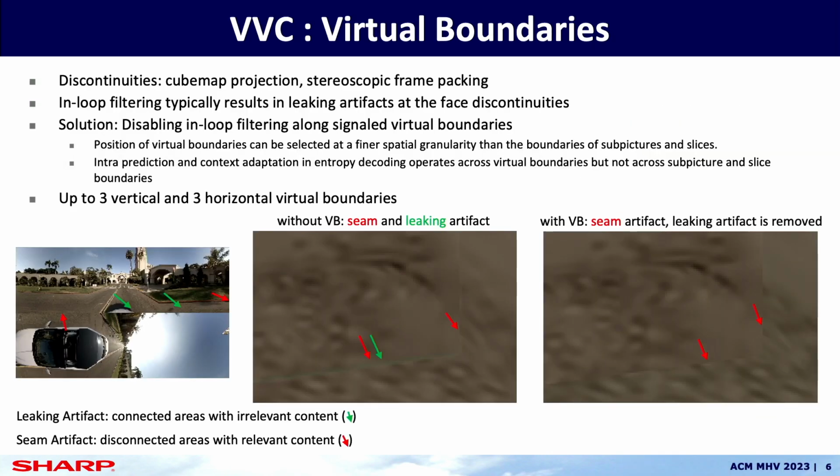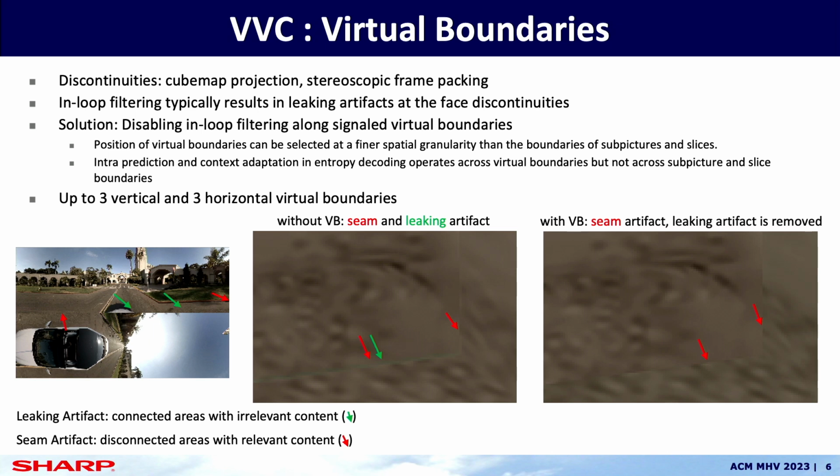The next tool is called virtual boundaries, and what happens is, shown here at the bottom is a cube map projection of a 360 video. And the cube map has 6 faces, and that results in some discontinuities, one right across the picture in the middle, and then 2 on the vertical side.